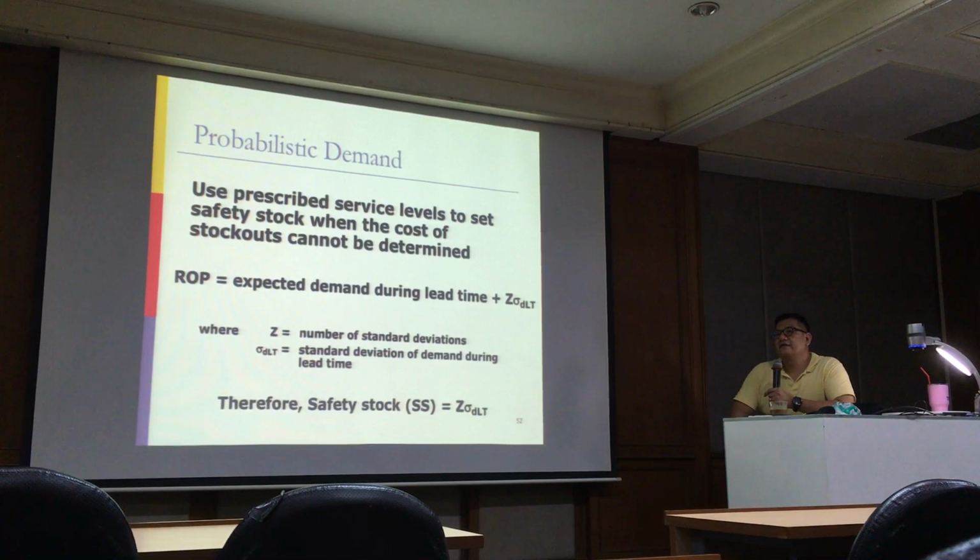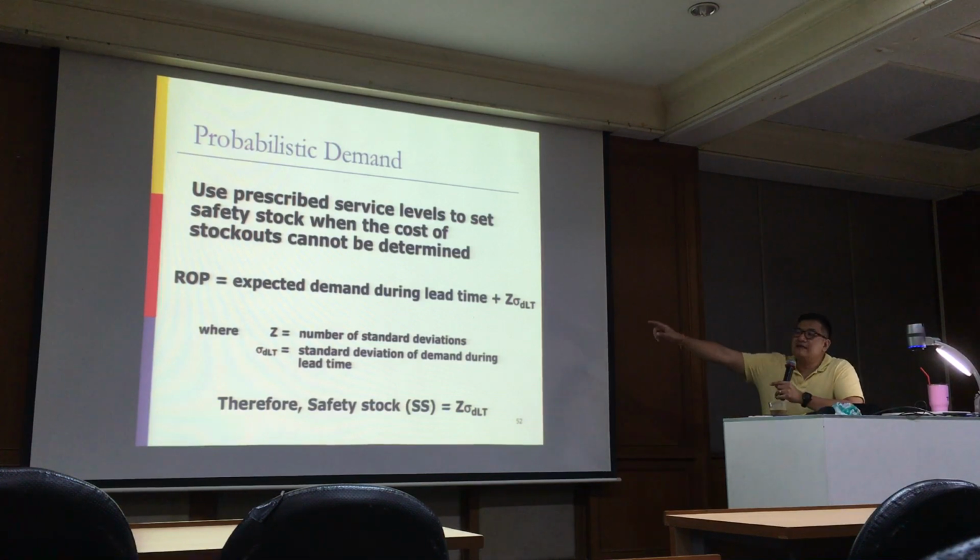But the next three conditions are where you don't know the demand during the lead time, but you know that demand follows a normal distribution and the time is constant, or demand is constant and the time follows a normal distribution, or both follow normal distributions and are not constant. But it comes from the same formula, where the reorder point equals expected demand during the lead time plus safety stock.